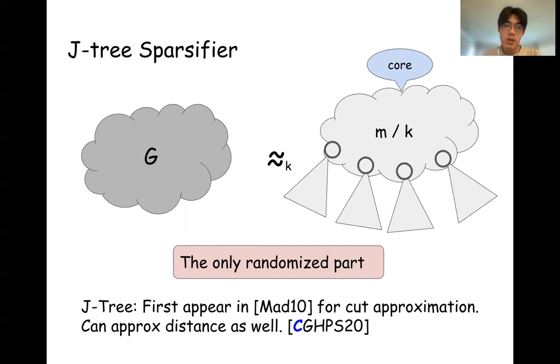It first appears in Madry and Peng, in the context of approximating cuts of the graph. And not only cuts can be approximated, another paper in 2020 shows that such objects can approximate distance as well. And our paper shows that this object can also approximate the quadratic form induced by the Laplacian matrix.